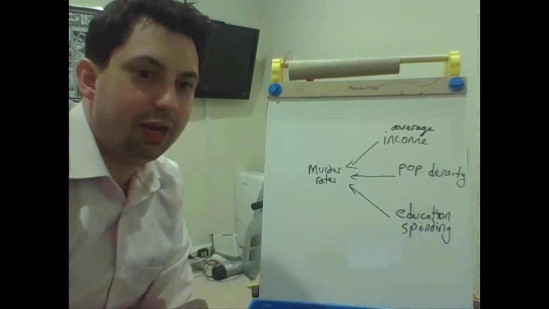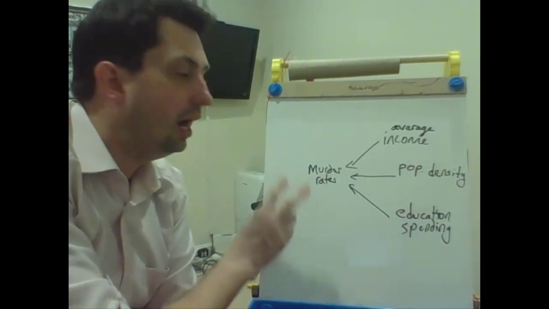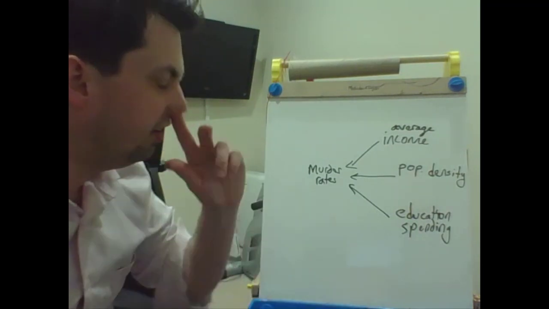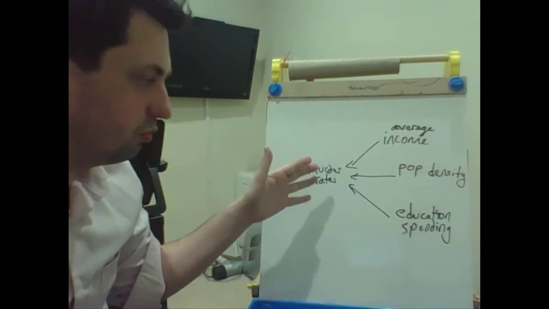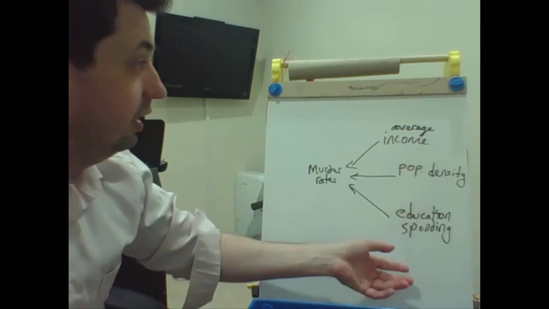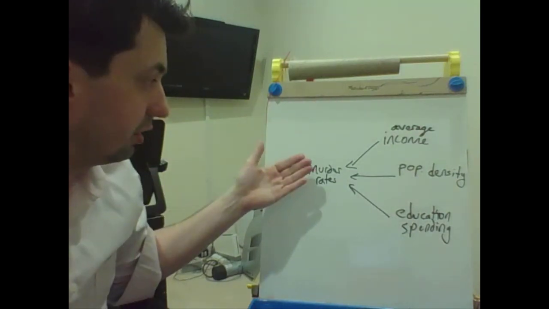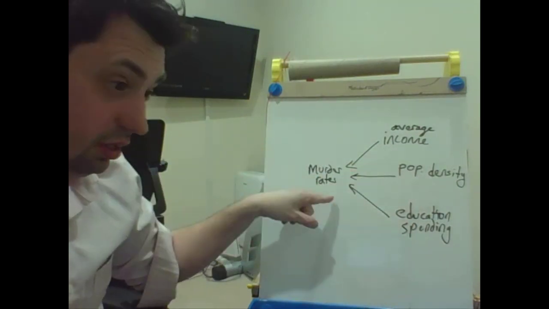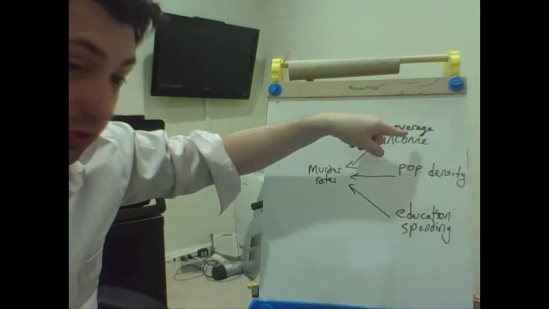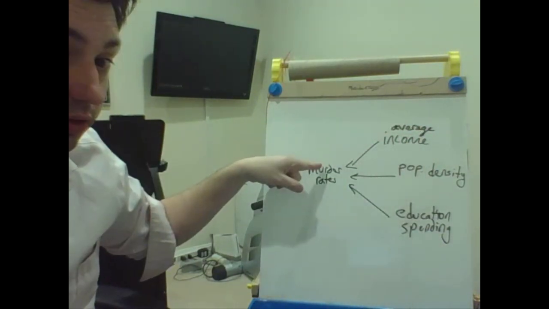Now, note the way that I did that. Each one of these variables stands alone. I did not say, oh, education spending might cause murder rates because if people are more educated, they make more money, and more money means you're less likely to commit murder. No. I did it on its own. I did not rely on this variable. I did not tell a story where this causes this, then causes this.